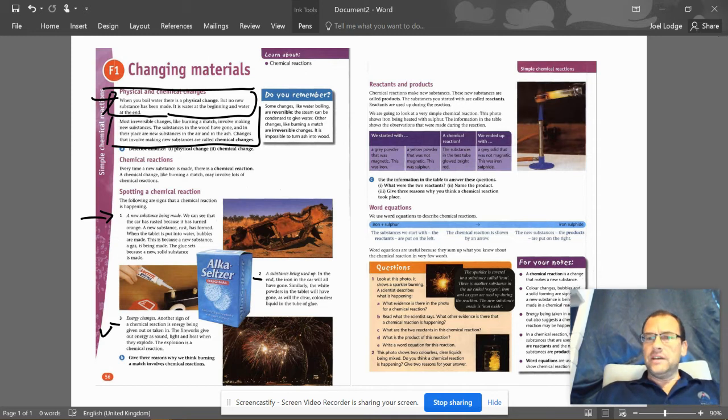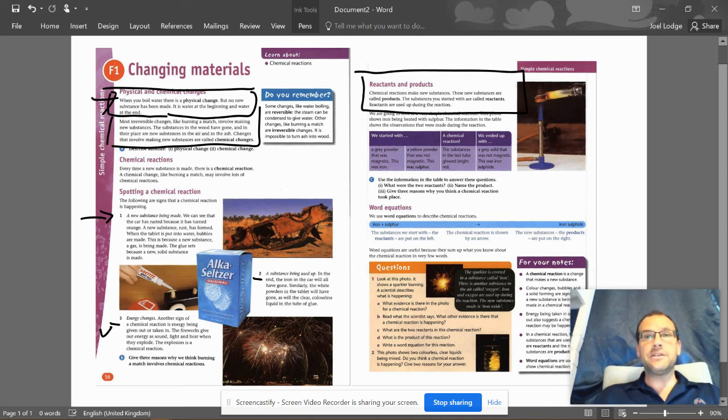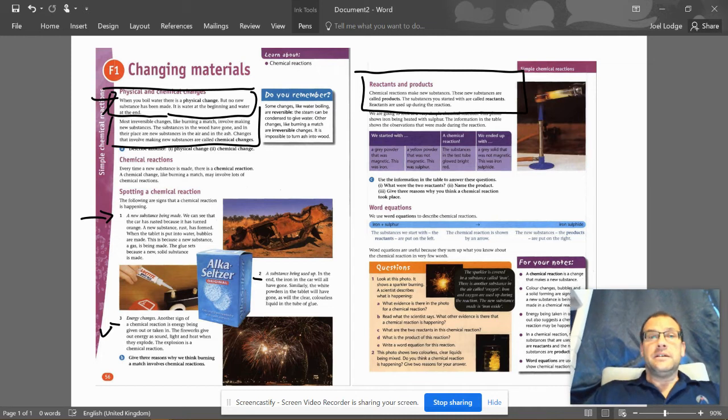Now, some other keywords that we would need to know are reactants and products. Reactants are the things we actually start with in a chemical reaction. For example, the iron in the car here is reacting with oxygen, so they're the reactants. The products are the new substances that are formed.